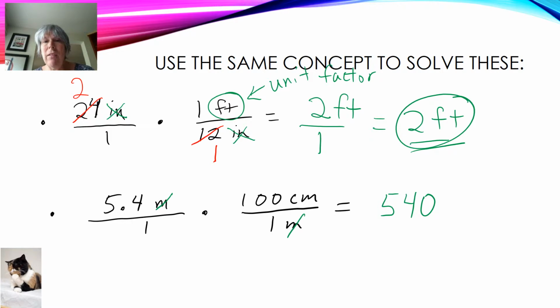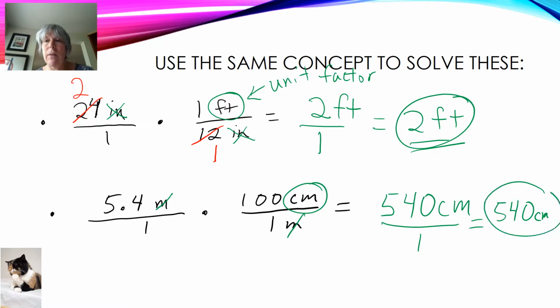And then the meters canceled out, so we have centimeters. 1 times 1 on the bottom is still 1, and 540 centimeters over 1 is simply 540 centimeters. So what I did in this problem was convert 5.4 meters to centimeters by using the unit factor. 100 centimeters is equivalent to 1 meter.